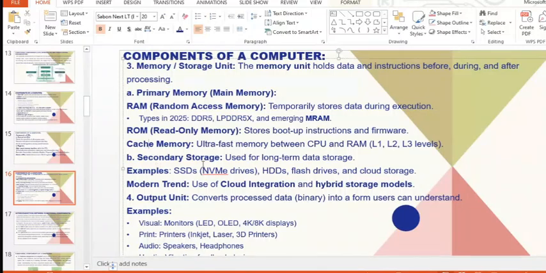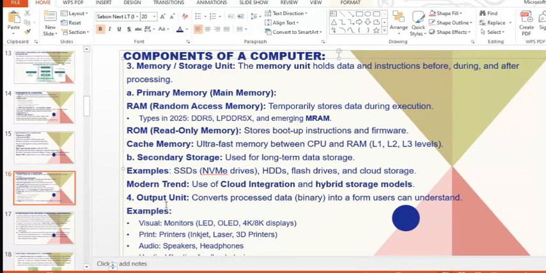Then you have the secondary memory, which is used for long-term data storage, like the SSD. An example of SSD is NVMe drives, then HDD drives, flash drives, and the cloud storage. Then you have the modern trends in secondary storage, where we are able to orchestrate our data, like the hard drives, or Google Drive, the cloud integration, and also the hybrid storage models.